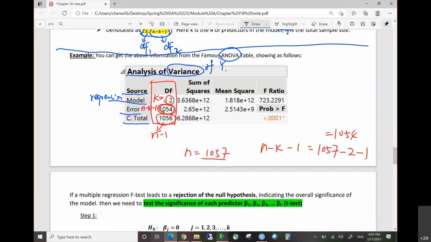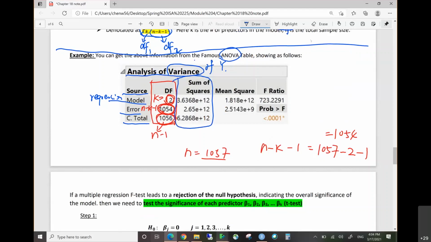The degree of freedom for the regression plus the degree of freedom for the error will be the degree of freedom for the total, right? 2 plus 1054 will be 1056. All right. Okay, so next column will be the sum of squares.